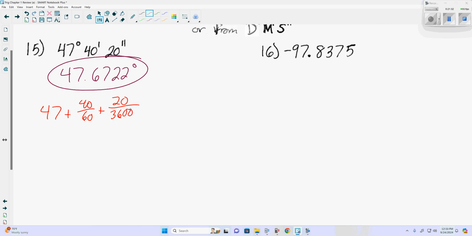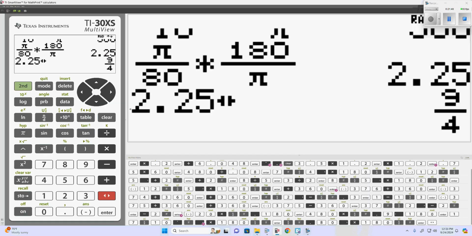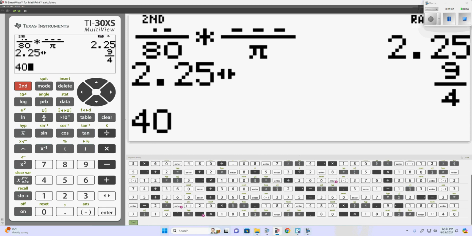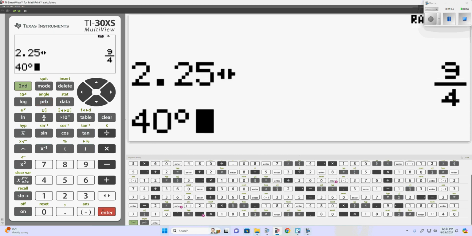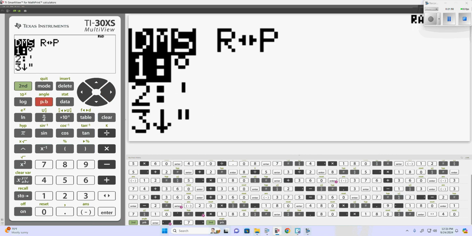So this here, the mode doesn't matter. Actually, yes. So 40 minutes, 40 second angle degree. Oh no, it's 47 degrees. Second angle. Nope.